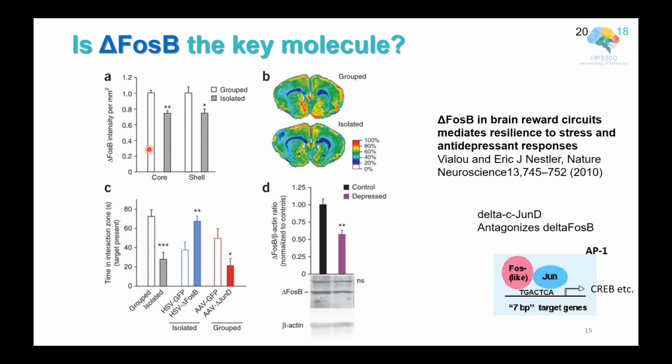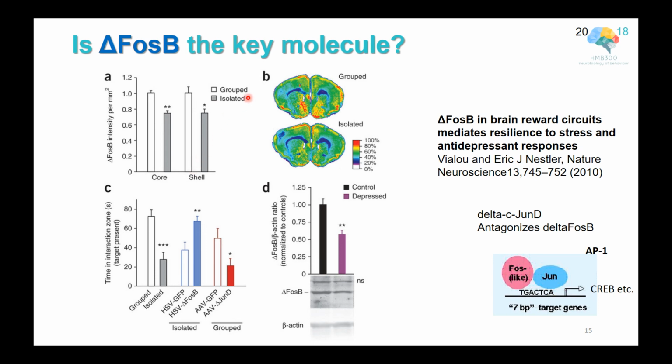In the inner part of the nucleus accumbens, which is known as the nucleus accumbens core, we see that delta FosB tends to be pretty high. And in the outside part, the shell, we also see that delta FosB is high in animals that are grouped together. So they're nice and normal, happy animals.